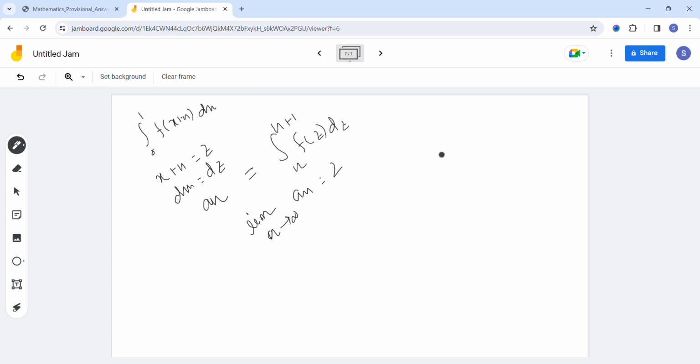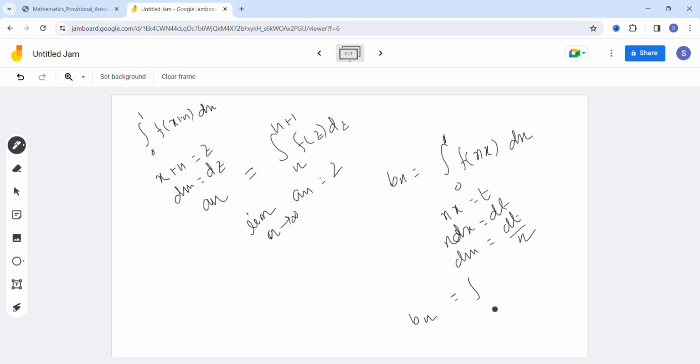Now the integral from 0 to 1 of f(nx) dx. Let nx equal t, n dx equal dt, so dx equal dt by n. So you will have, say this one is bn, bn equals 1 by n times the integral from 0 to n of f(t) dt.